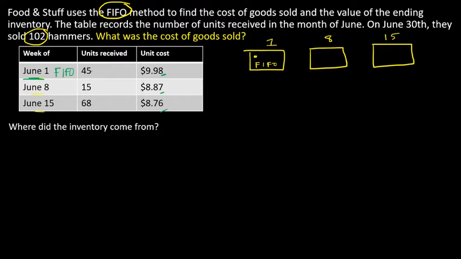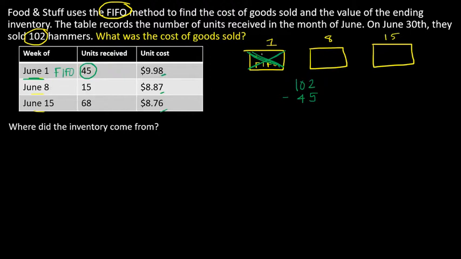So I go to my box, and I pull out all 45 hammers, and I give them to this person. Okay, so they wanted 102. So far, I have given out 45. But 45 is way short of 102, right? I haven't filled this order. So even though my June 1st box is empty, I still have to keep going.